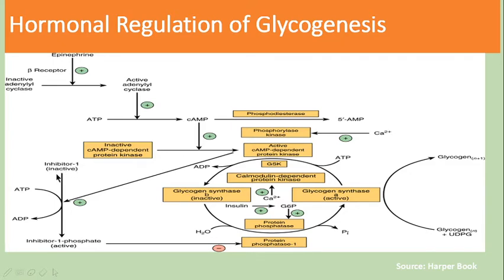The dephosphorylated form of the inhibitor is the inactive form. After phosphorylation, this inhibitor 1-phosphate will become the active form. So it will also make this inhibitor protein, which is in the inactive state, into an active state. Two roles it will have.